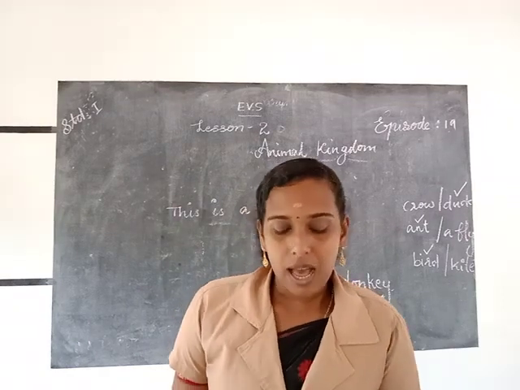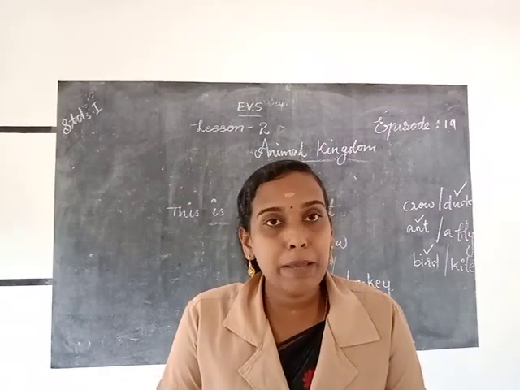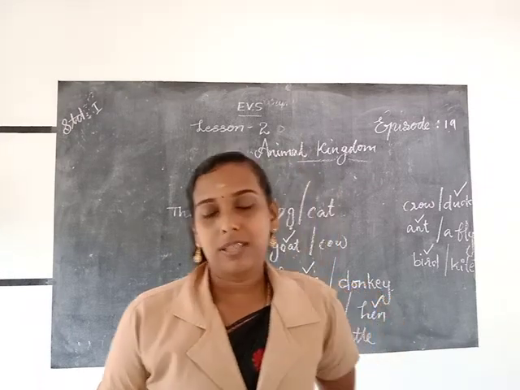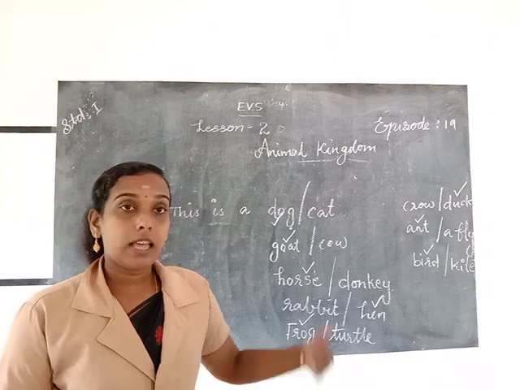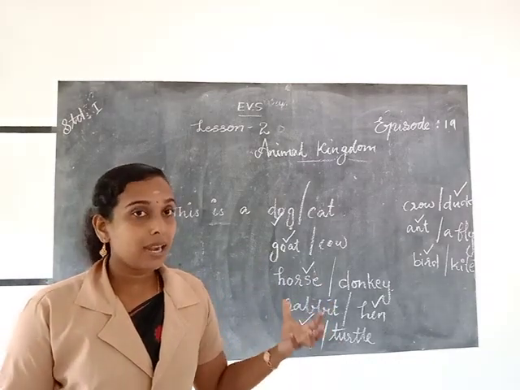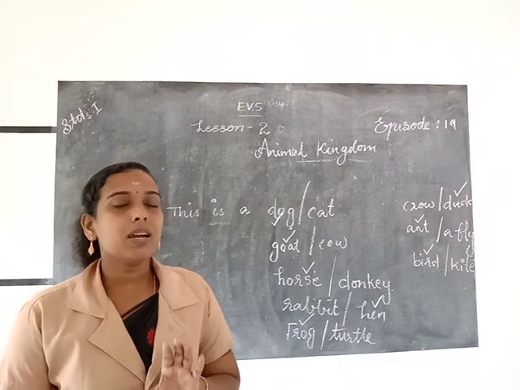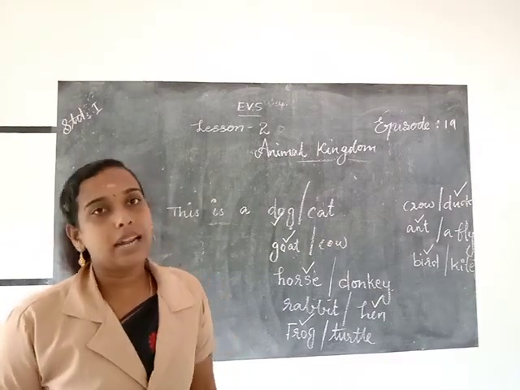Okay. So now we are going to start our new lesson about the animal kingdom. In this chapter we are going to study about types of animals. In the last chapter we discussed types of plants, and plants are living things. In this chapter we study animals. Animals are also living things.